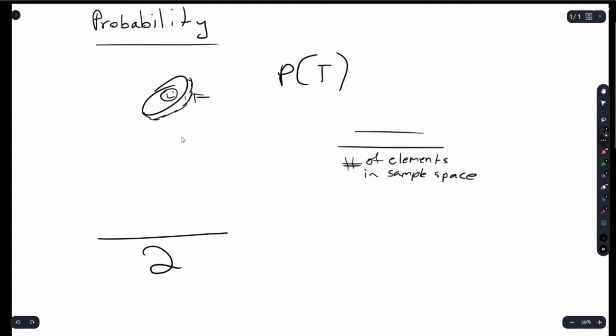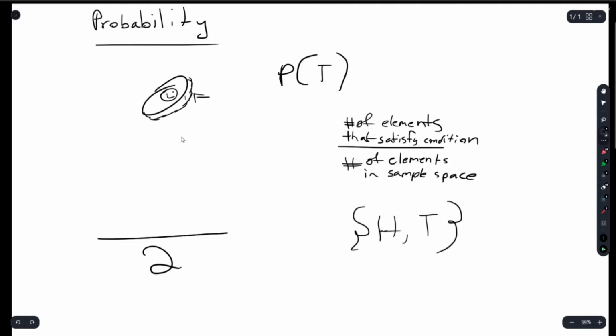And in the numerator, it's the number of elements that satisfy the condition we asked for. In this case, the condition is getting tails. So in the case of the coin, the sample space is head and tail, so the number of elements is 2, and the number of elements that satisfy that condition is 1.